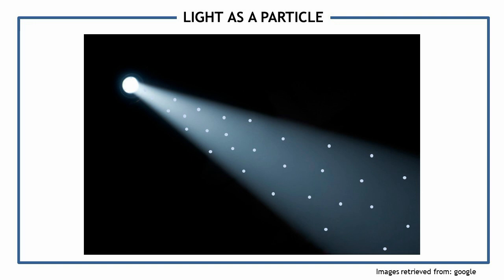Itong light na ito na nakikita ng mata natin contains smaller parts na bumubuo sa kanya in a microscopic level. So having said that, light is composed of smaller parts, so we consider it as a particle, specifically a massless particle. So ganun natin nakikita itong light as a particle.